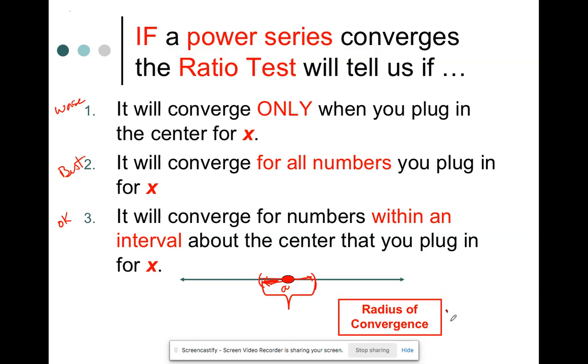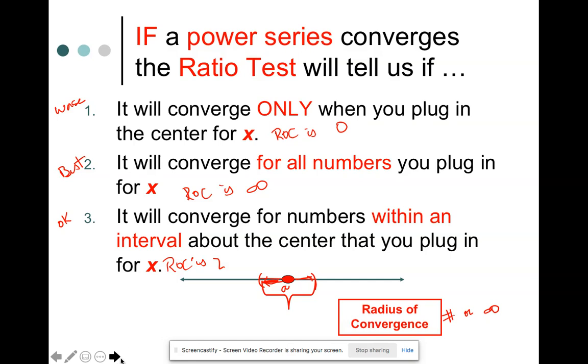So that's either a number or an infinity. And that number might be 0, which is the worst case, right? Radius of convergence 0. Radius of convergence is infinite. Radius of convergence is 2, 4, right? The radius of convergence would never be negative, right?